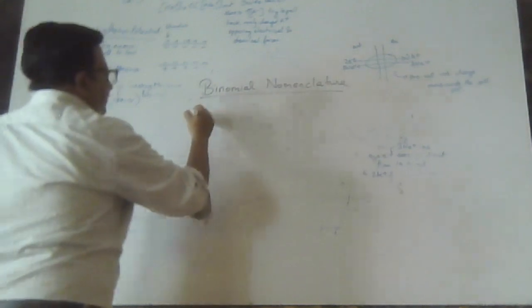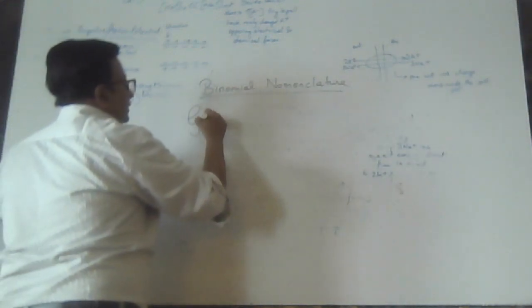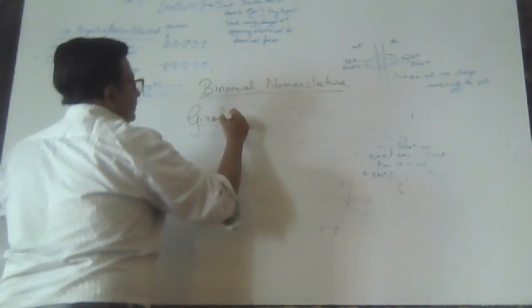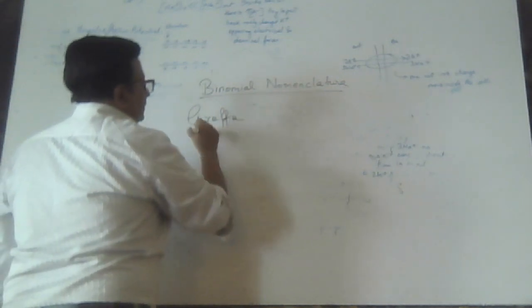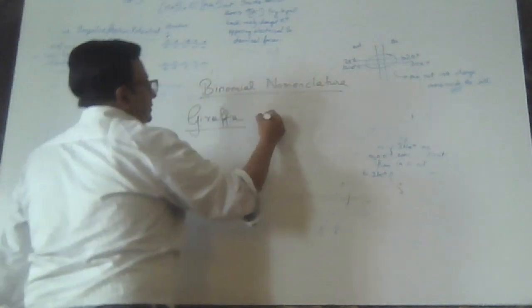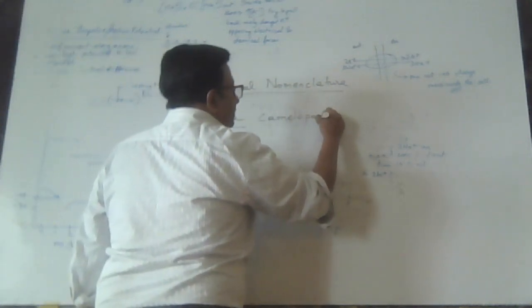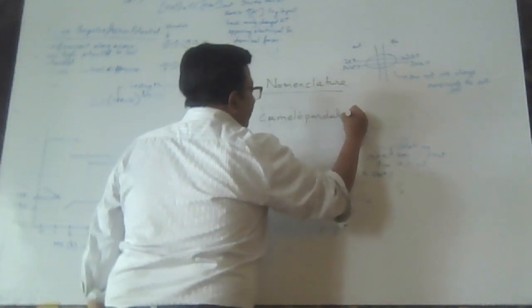So, what is binomial nomenclature? Giraffa camelopardalis.